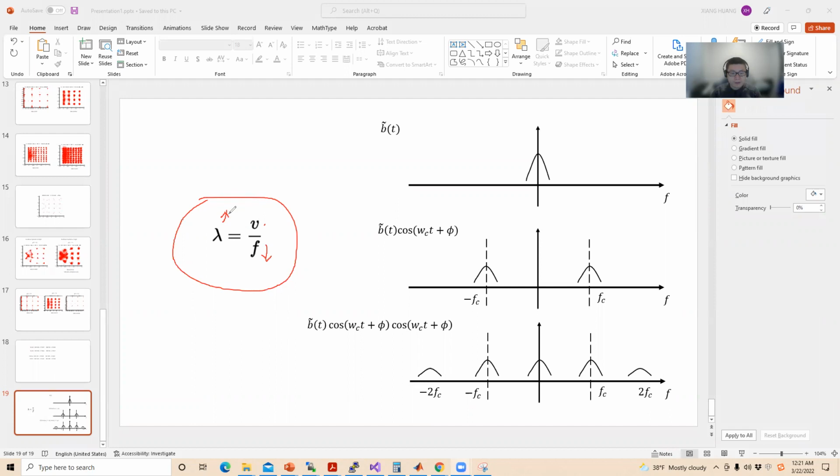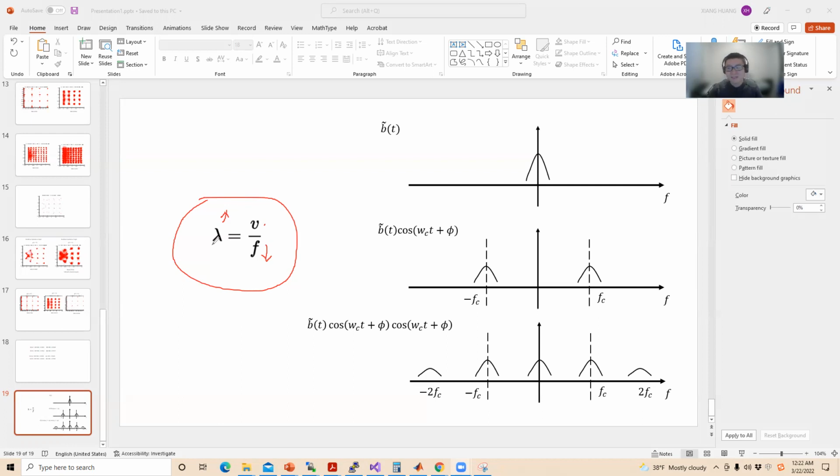In our circuit design, if your wavelength is long, your antenna should also be long. But that's weird, right? Generally you can't just carry a very long antenna to transmit your signal. What you want to do is just carry a small cell phone to transmit your signal.